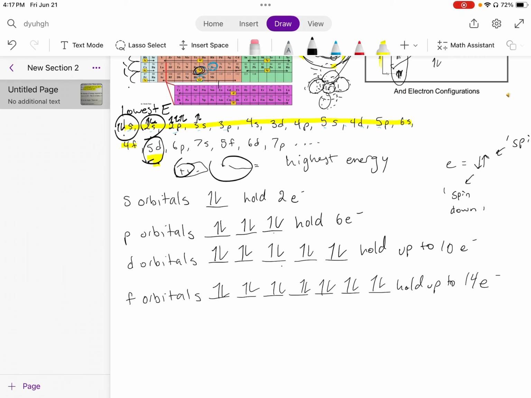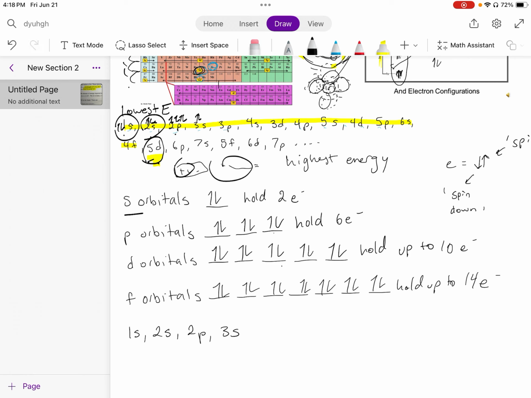So using this list, it gives us information: 2p, 3s. Okay, now basically the electron configuration lets us know, A, which orbitals we're dealing with. Okay, easy enough, we wrote them down. And it also tells us how many electrons are in each respective orbital.